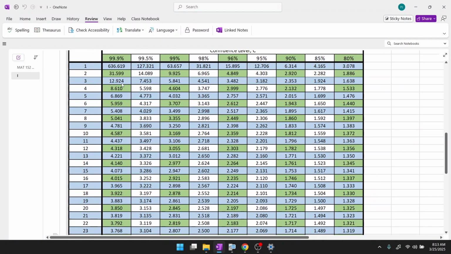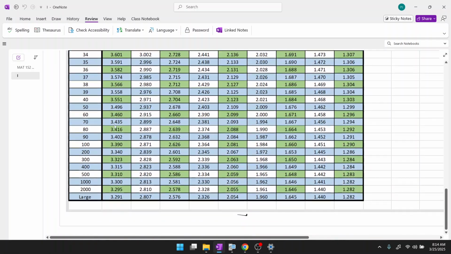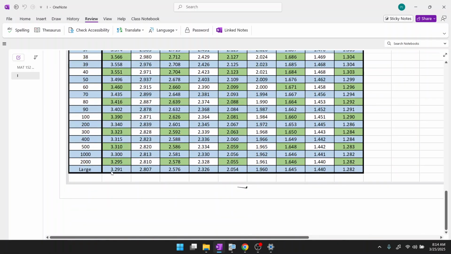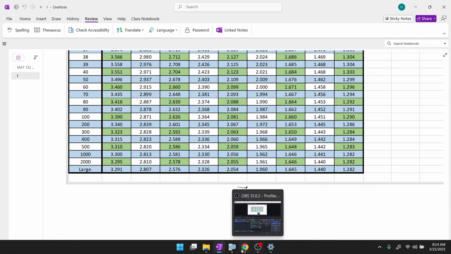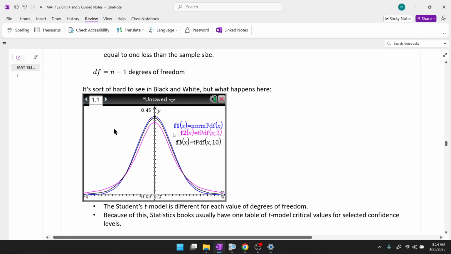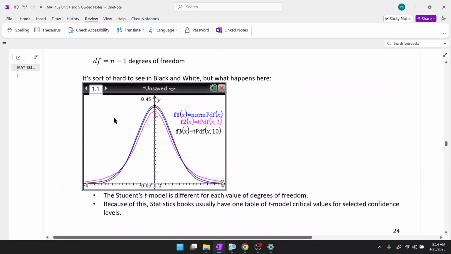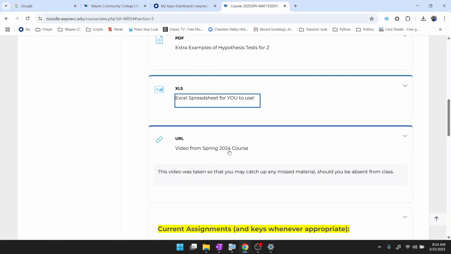So that's why when the degrees of freedom increases, it basically terminates at what we call the large. Think of it as an asymptote. If you've taken pre-calc, it cannot be any smaller than this. But the purpose of the t-distribution is that it is going to give you a more conservative estimate, so to speak, and wider wiggle room.